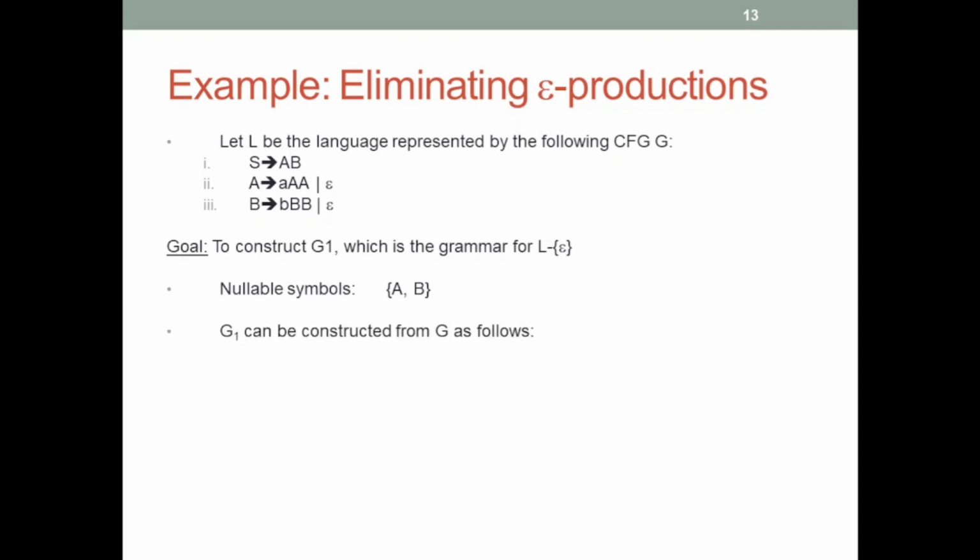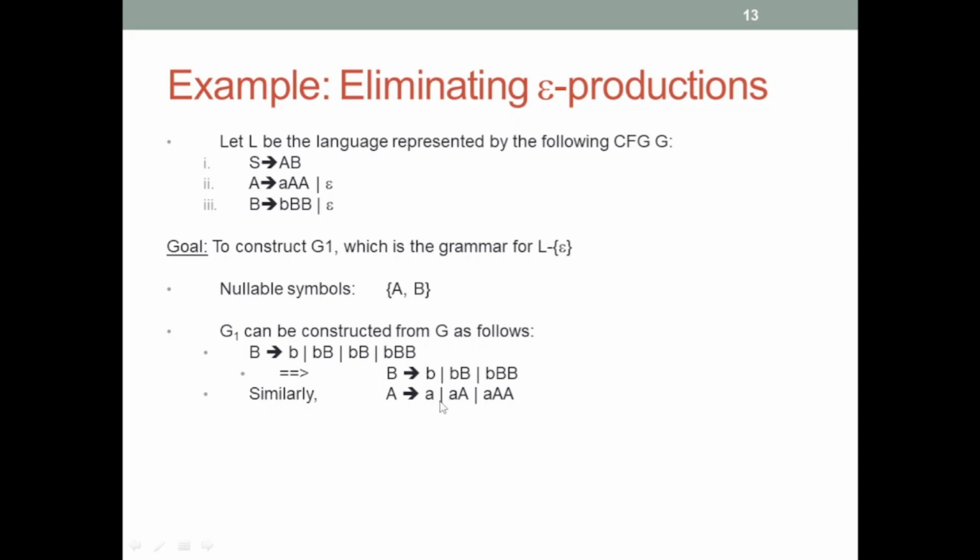Now G1 can be constructed from G as follows. Consider capital B derives to small b capital B. Now you have to replace each and every nullable variable on the right hand side with epsilon, and you can have this production, that is capital B derives to small b or small b capital B. Similarly, capital A is also derived by putting epsilon for each and every nullable symbol on the right hand side.